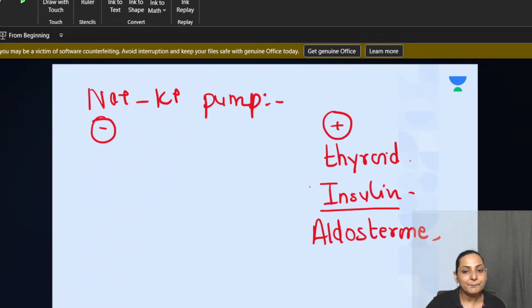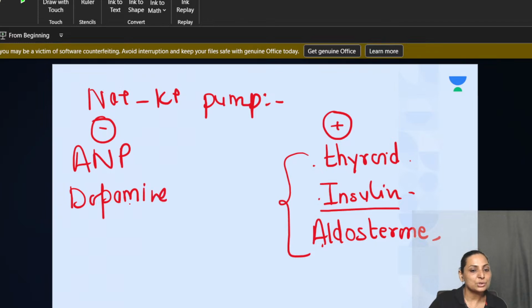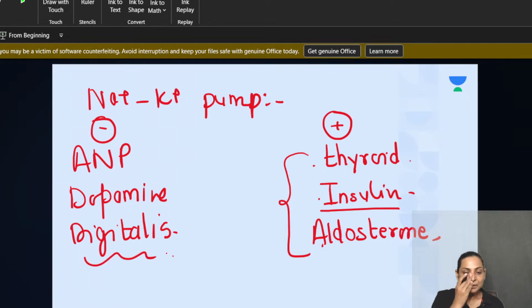So you must remember that thyroid hormone, insulin, aldosterone are the ones which are going to stimulate your sodium potassium pump. It is inhibited by atrial natriuretic peptide, it is inhibited by dopamine, and we also saw that it is inhibited by the pharmacological cardiac glycoside, that is digitalis. So this comes as a very important question to you, which you must remember.